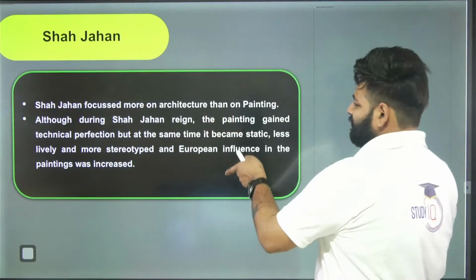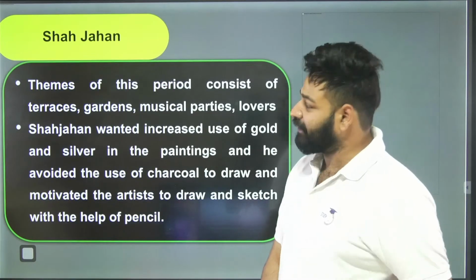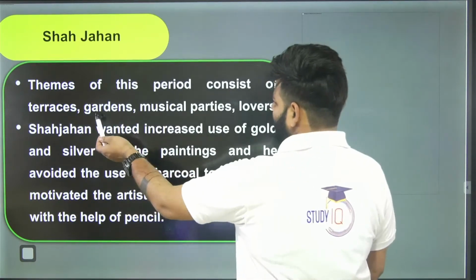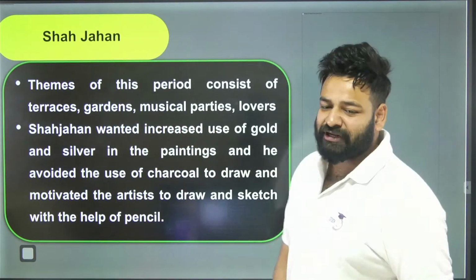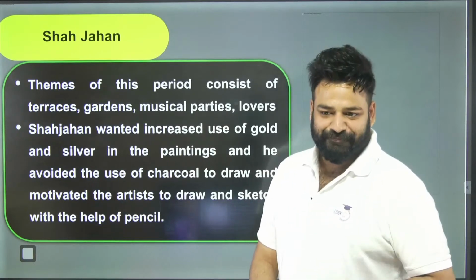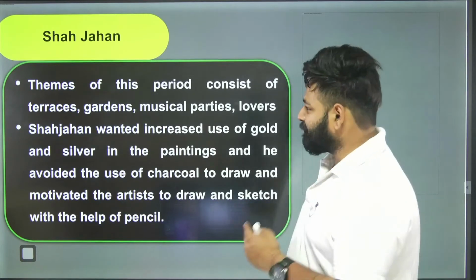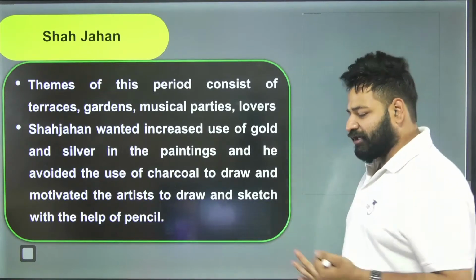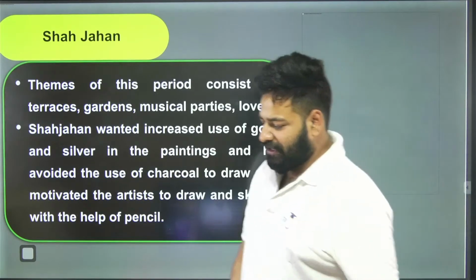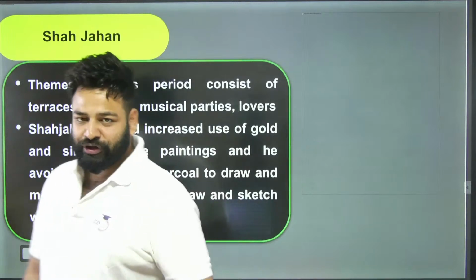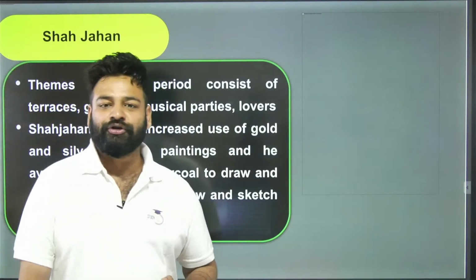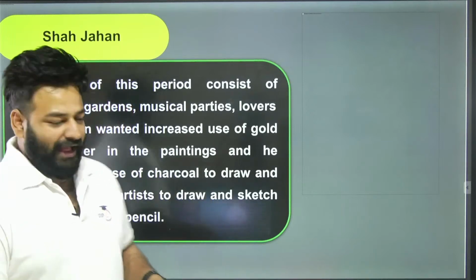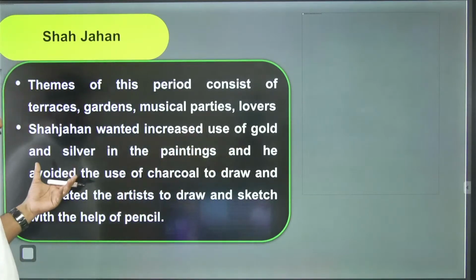So, the striking features of Shah Jahan's paintings. Themes of this period consist of terraces, gardens, musical parties, as well as lovers, that is basically couples. Simply speaking, terrace painting, garden painting, then musical parties, simply a musical orchestra going on, and paintings of lovers or couples, specifically in gold and silver colors.